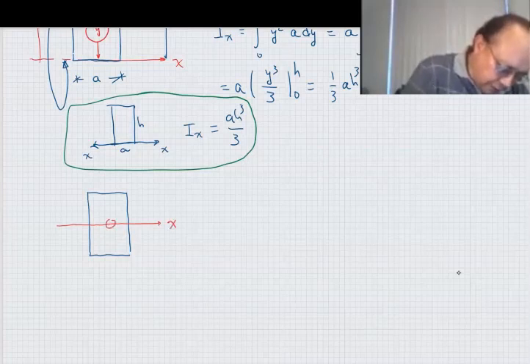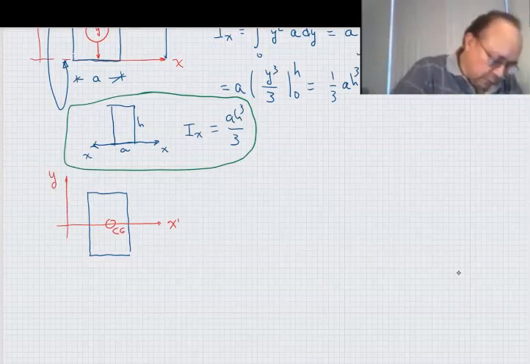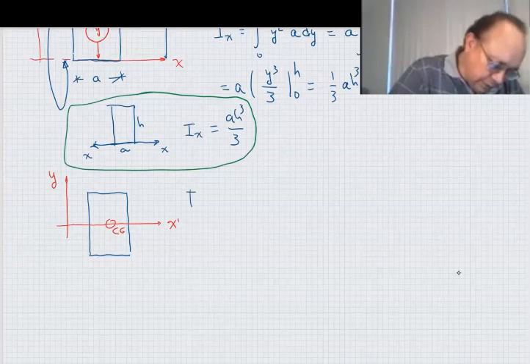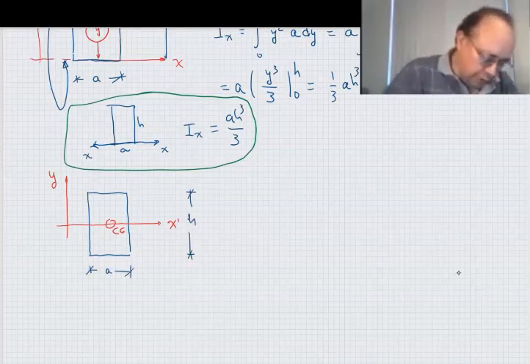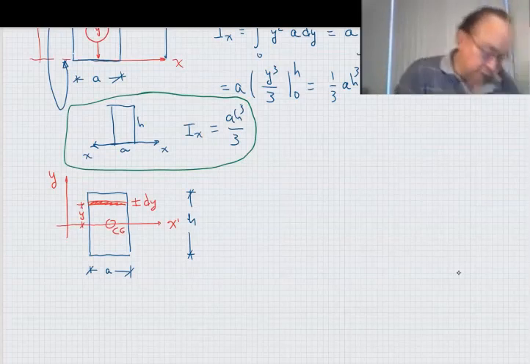If this is the center of gravity, usually this axis is called x prime. And then this is y. Same thing, this is h, and this is a. So now we're going to do the same thing. The differential of area is this little strip here with a thickness dy, located at a distance y from the axis of rotation.